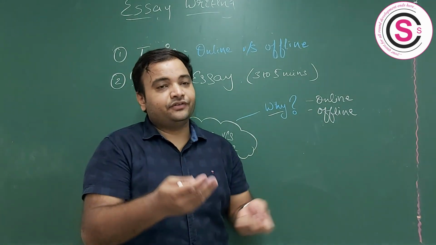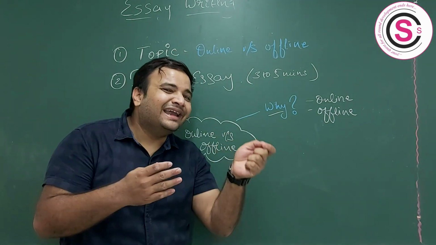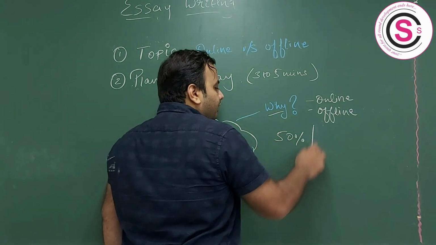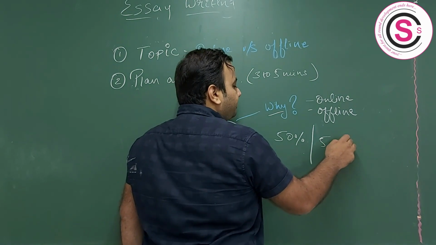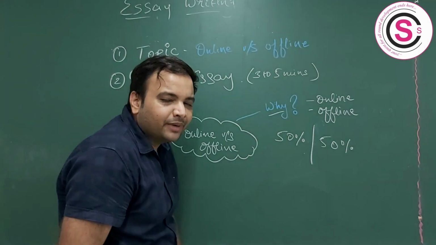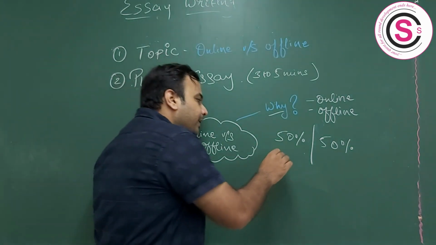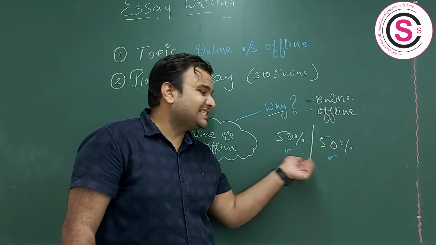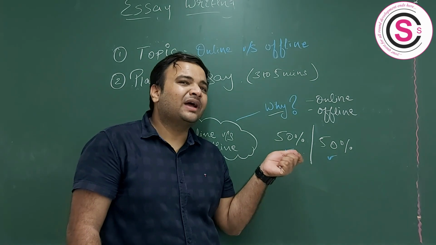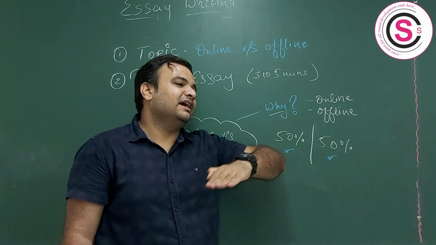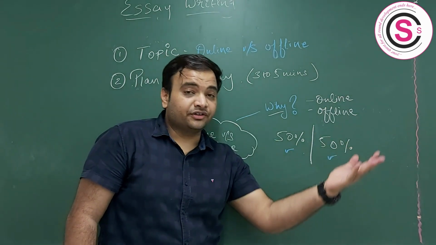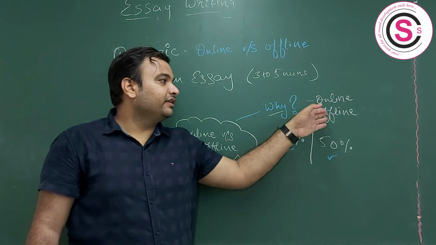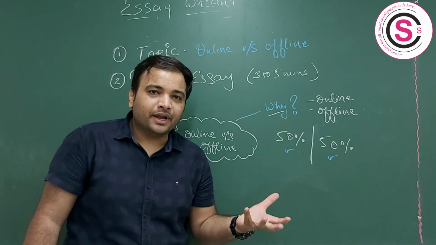Now suppose you are dividing your essay, this is the 50-50 method. If you are supporting online shopping and also supporting offline shopping, just dividing it between two, half of the essay will describe the advantages of online shopping, and half of the essay will describe the advantages of offline shopping.